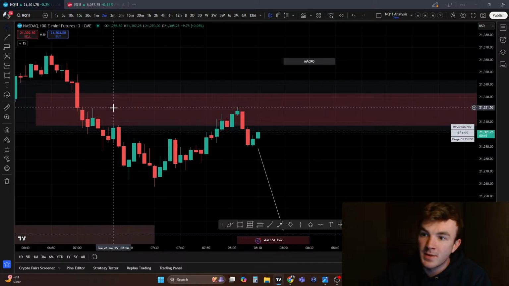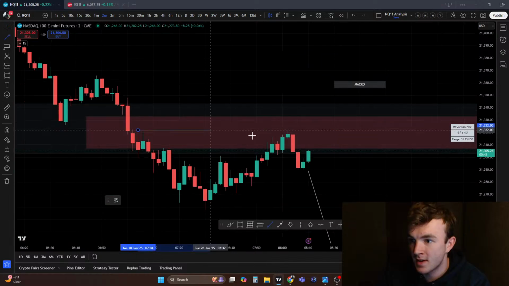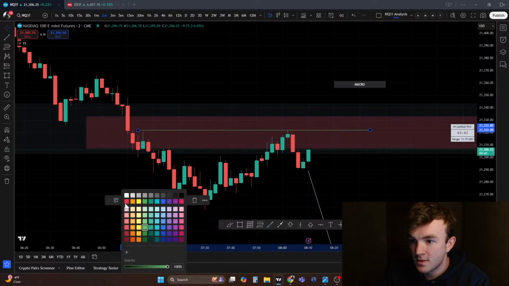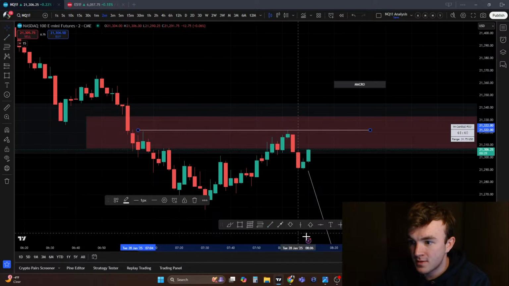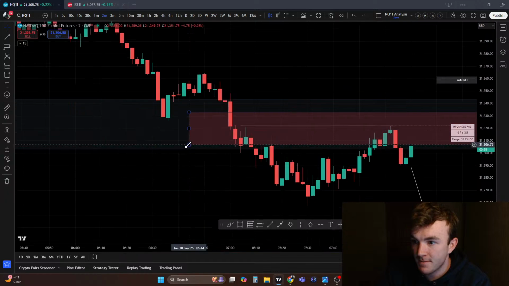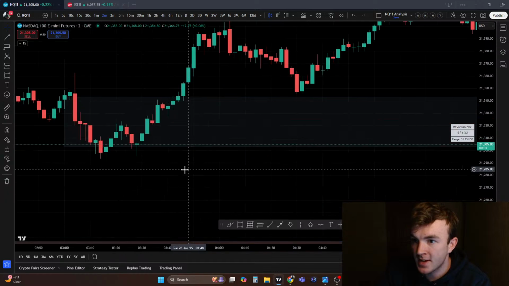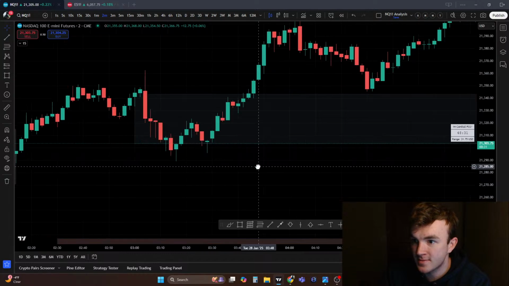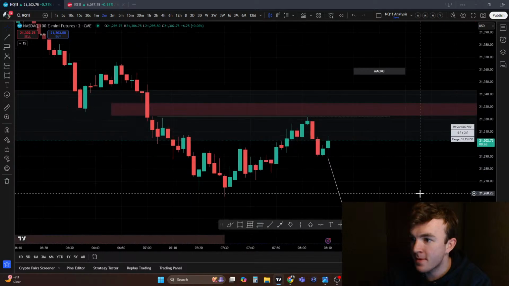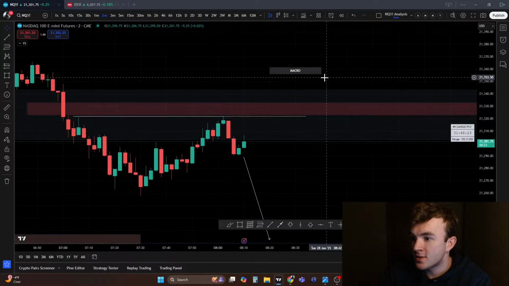See, a big reason why we might need to come up and sweep this high again is because these are relatively equal, right? And so, I mean, these just might need to get taken out first into this fair value gap. Here's that fair value gap, a little bit more precise. So we might need to come up into this fair value gap, and then macro starts here, goes to here.